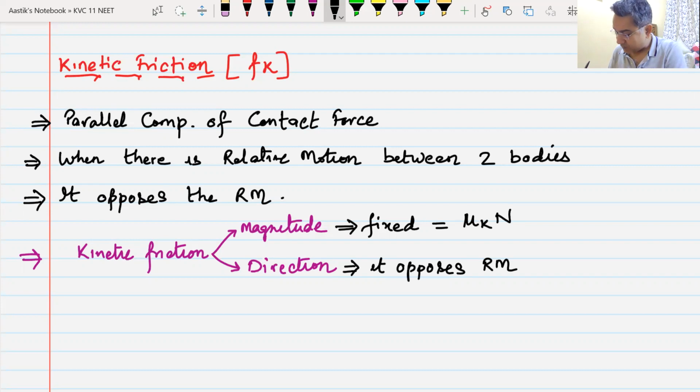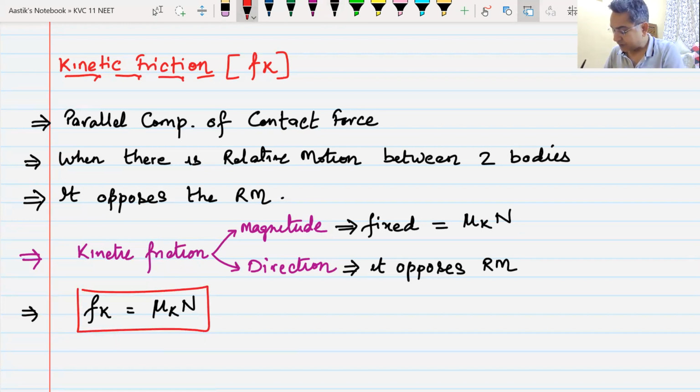So, the magnitude of kinetic friction: Fk will be equal to mu k multiplied by n. That becomes the formula for finding out the magnitude of kinetic friction.